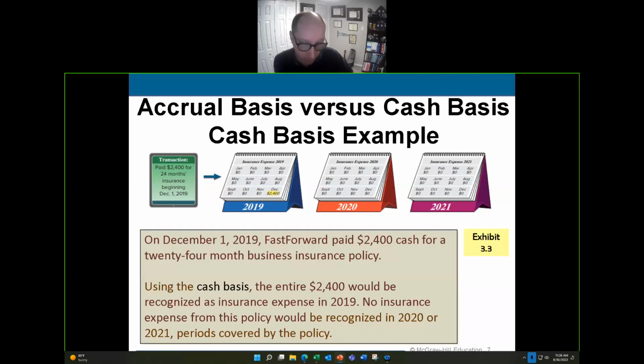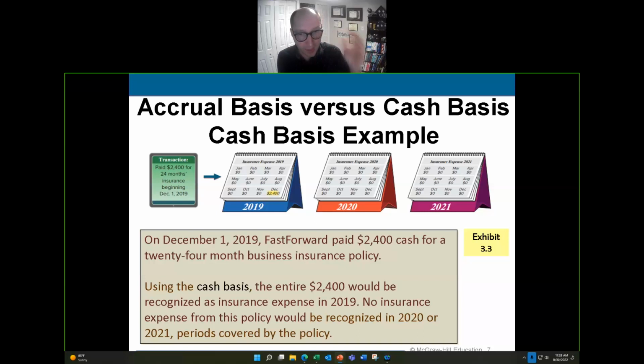I see every month, $100, $100, $100. The income statement under the cash-based system shows a $2,400 hit in the month of December. What that does is it makes it look like you had this massive expense in the month of December 2019. And then the other months, nothing, right?